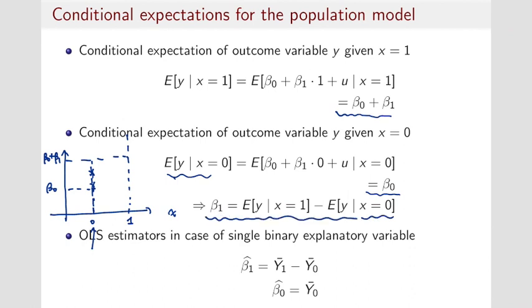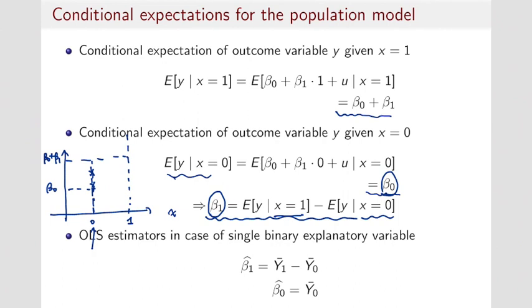We also call beta 1 the population treatment effect. It captures the outcome difference between those who took the treatment, corresponding to x equal to 1, and those who do not take the treatment. But the interpretations of beta 0 and beta 1 are all about the population.